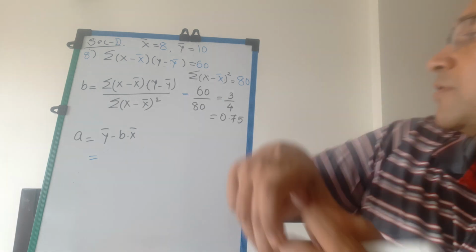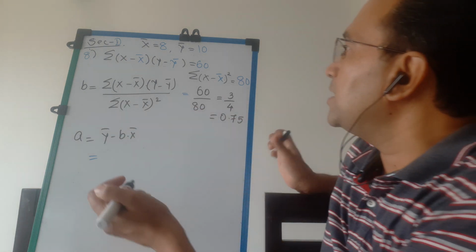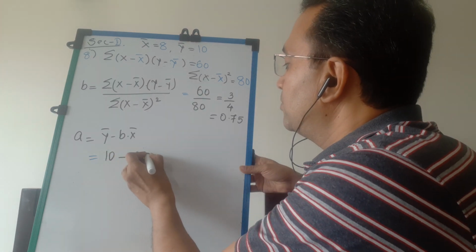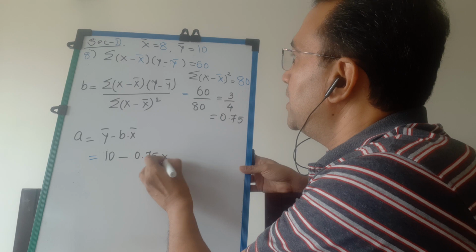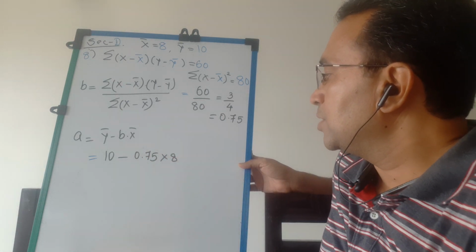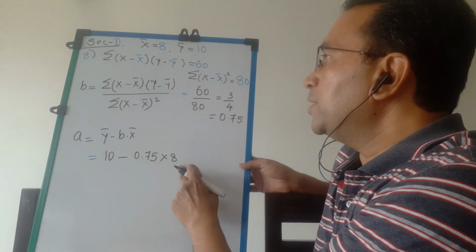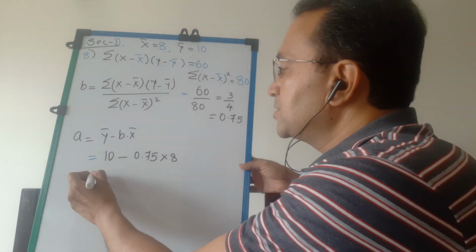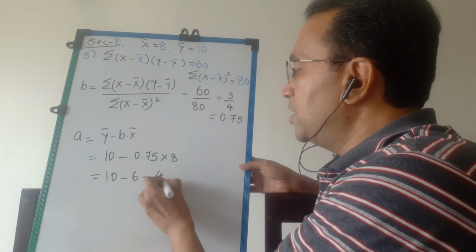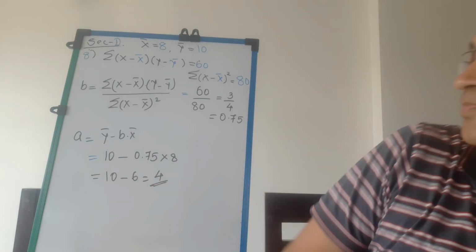So substituting y bar, b and x bar, we get a. Y bar is 10, b is 0.75 and x bar is 8. Now 3/4 into 8, so it will be 6. So this is 10 minus 6. So the answer of a is 4.